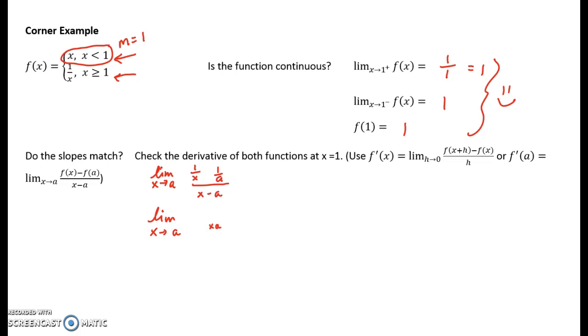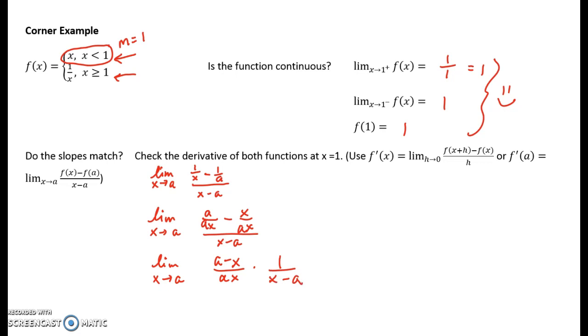I have a minus x. I'll slow down a little bit. I have a over ax minus x over ax, over x minus a. So then I have a minus x over ax times 1 over x minus a.